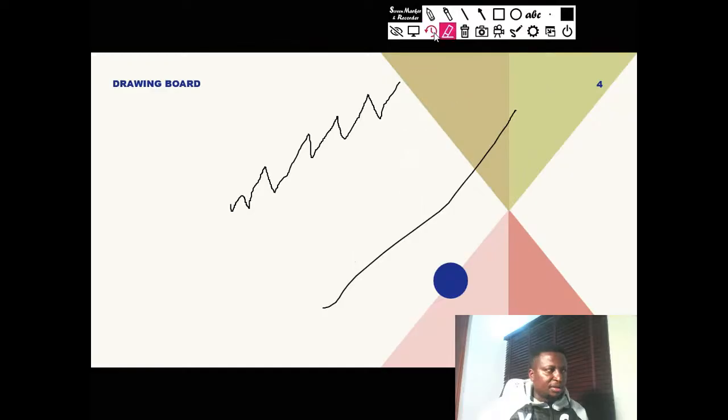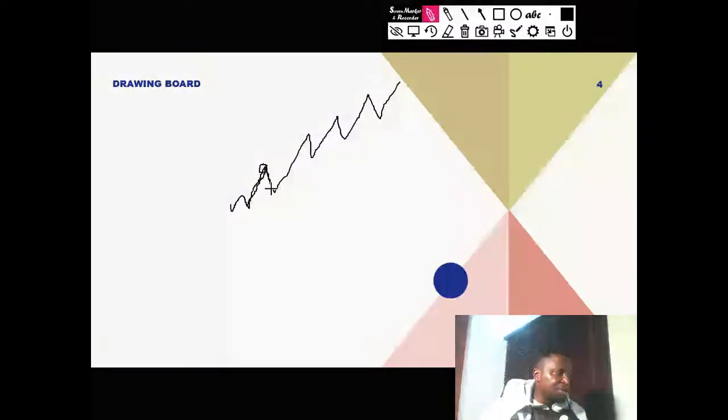Now, at this point, you will see that the market was going up here, got here, changed direction and started going down. It also got here and changed direction and started going up. Got here, changed direction, started coming down. Got here, changed direction and started going up.